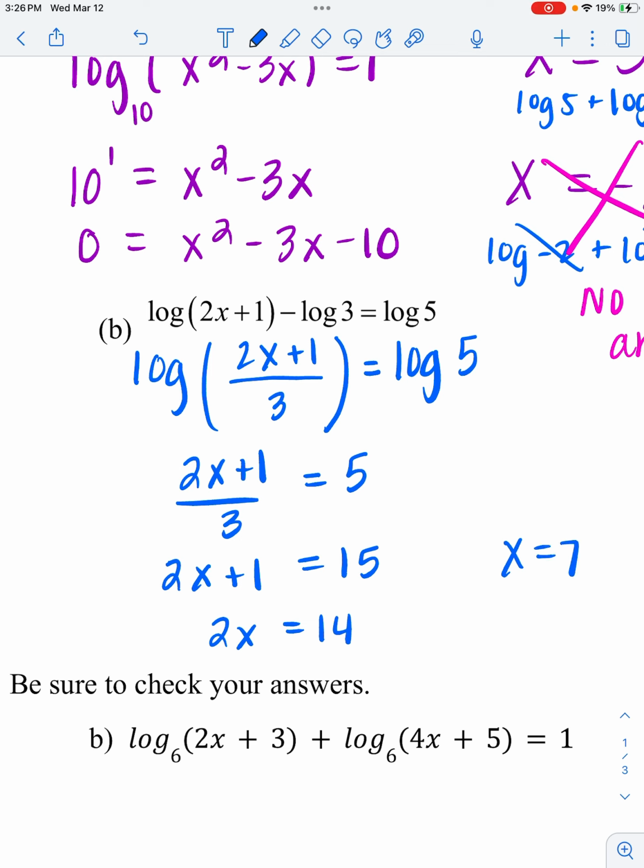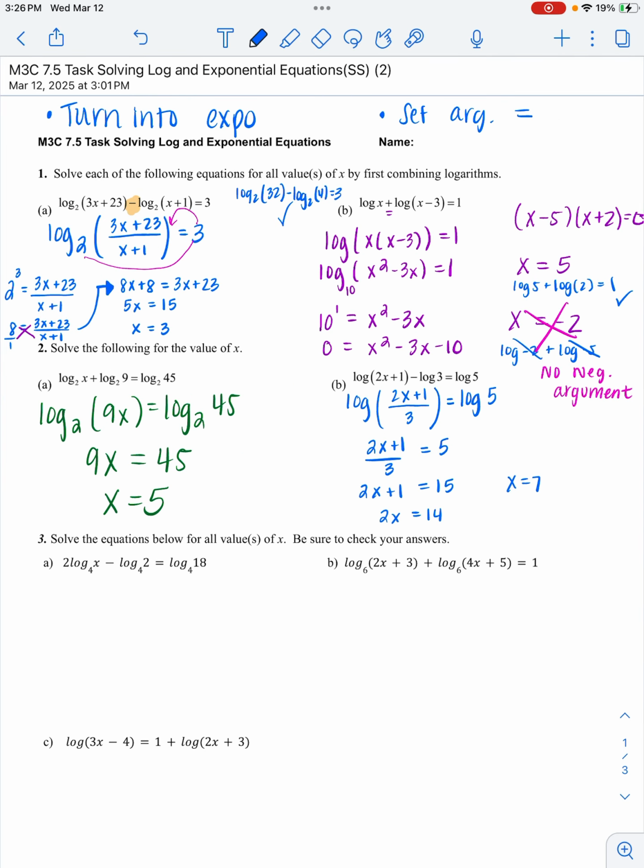I checked it. Log of 15 minus log of 3 is the same thing as log of 5. So in all of these cases, I'm still using both possibilities of how to solve a log, turning it into exponential or setting the arguments equal. But I have to use my properties before I can start.